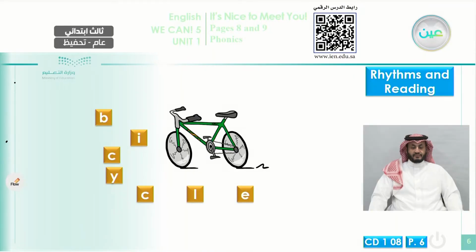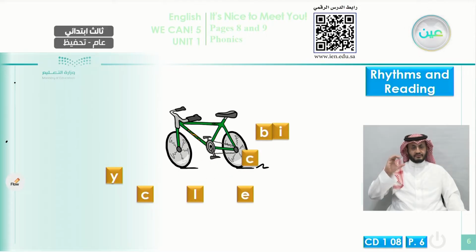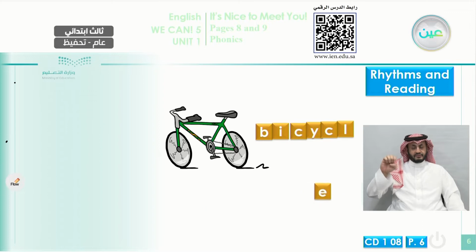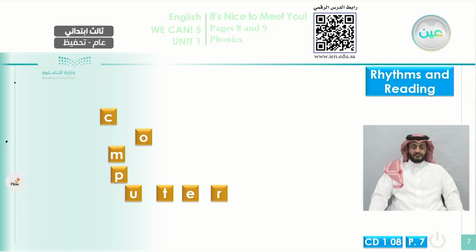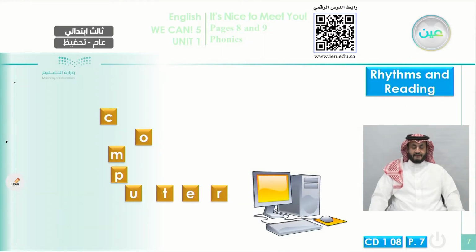Okay, we move to the next word also. What can you see here in the picture? This is a bicycle. How do you spell the word bicycle? It starts with B-I-C-Y-C-L-E. Okay, can you spell that? If you can spell that, that means you achieved the goal we wanted to achieve. And now also we can spell the word computer.